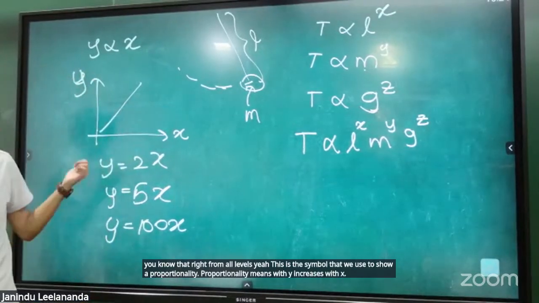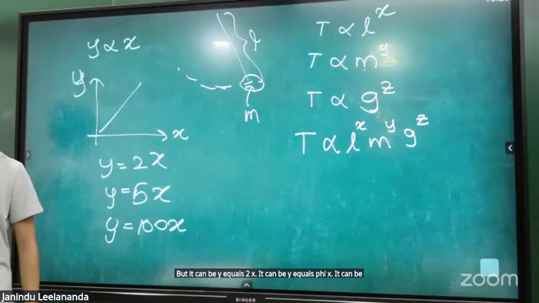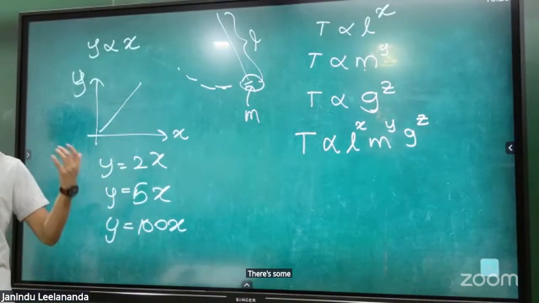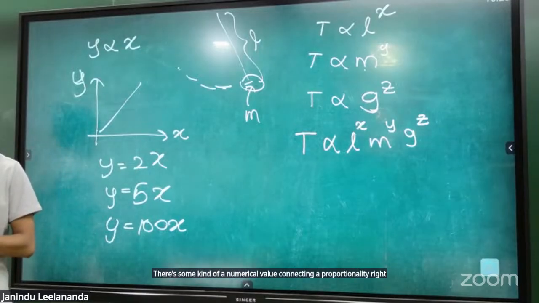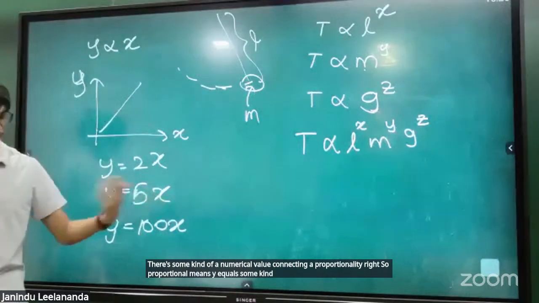But it can be y equals 2x, it can be y equals 5x, it can be y equals 100x. In all these scenarios, y is proportional to x. This is the symbol that we use for proportionality, right? You know that from O levels. There's some kind of a numerical value connecting a proportionality. So proportional means y equals some numerical value times x.